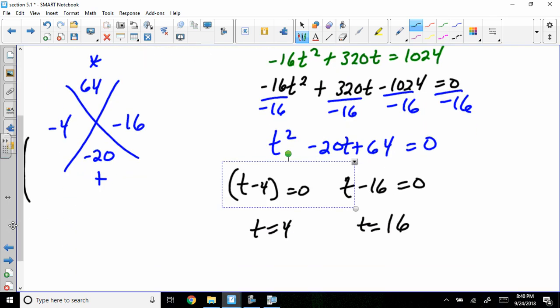So there's symmetry. 4 and 16 gave me an output of 1024. The distance between them is 12, and half of 12 is 6. So if I go 6 in, I'm on the vertex right there. That's the x value, or h, of the vertex, which would be 10. 10 seconds to get to the top.